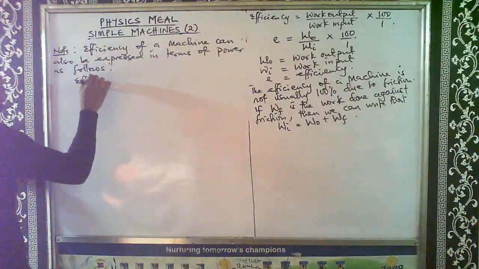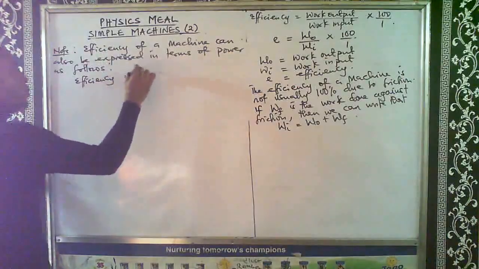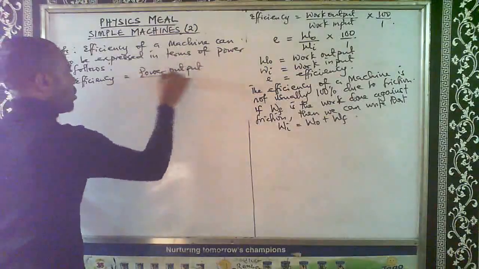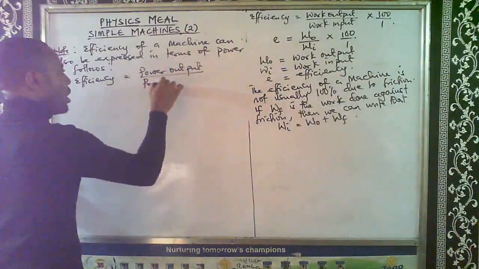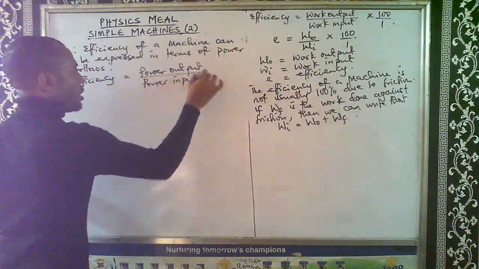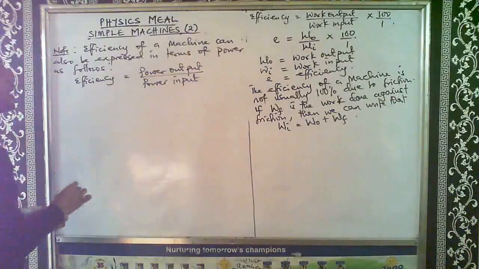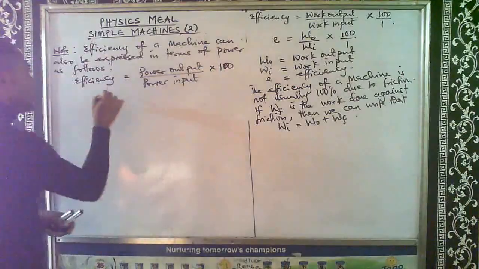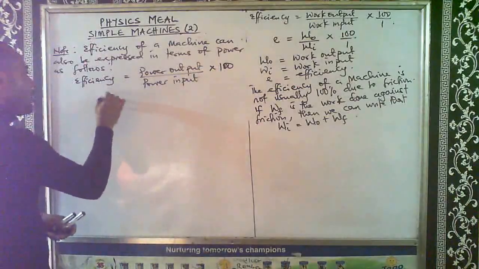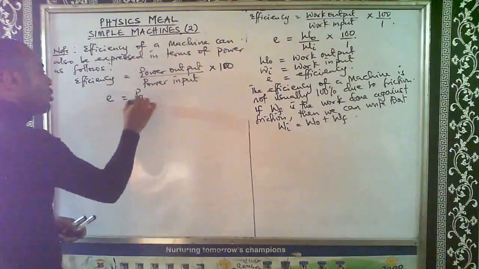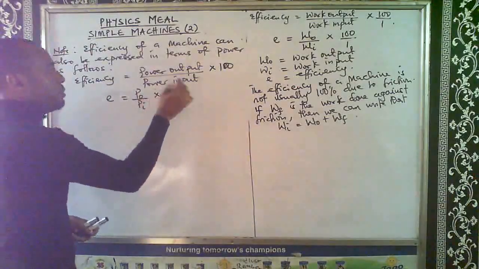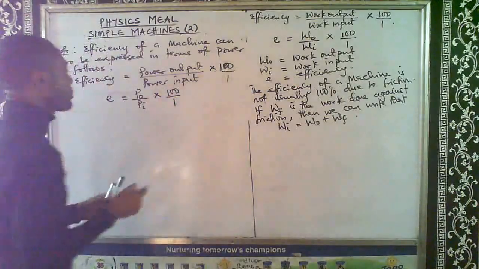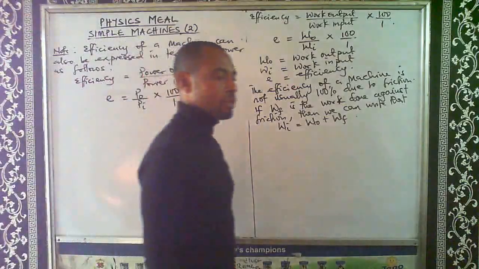Efficiency, power output over power input. That's efficiency. So in terms of percentage now, we can write efficiency E as PO over PI times 100 over 1. So far so good.